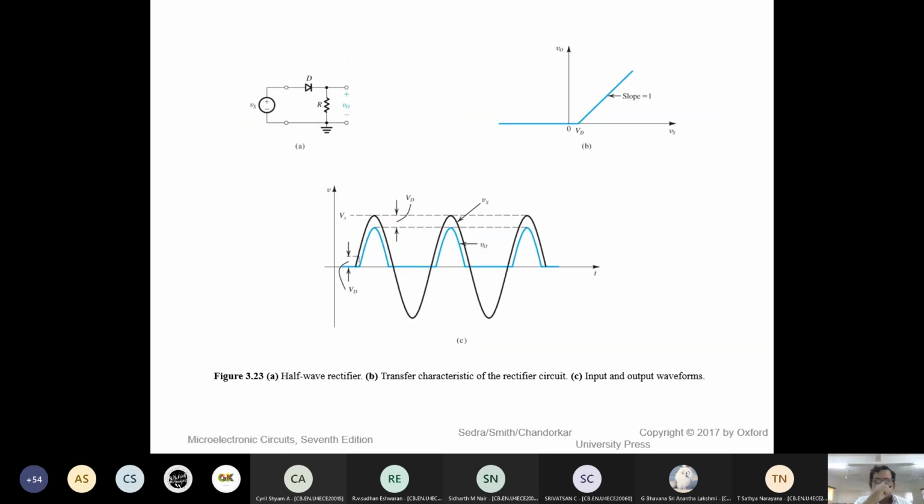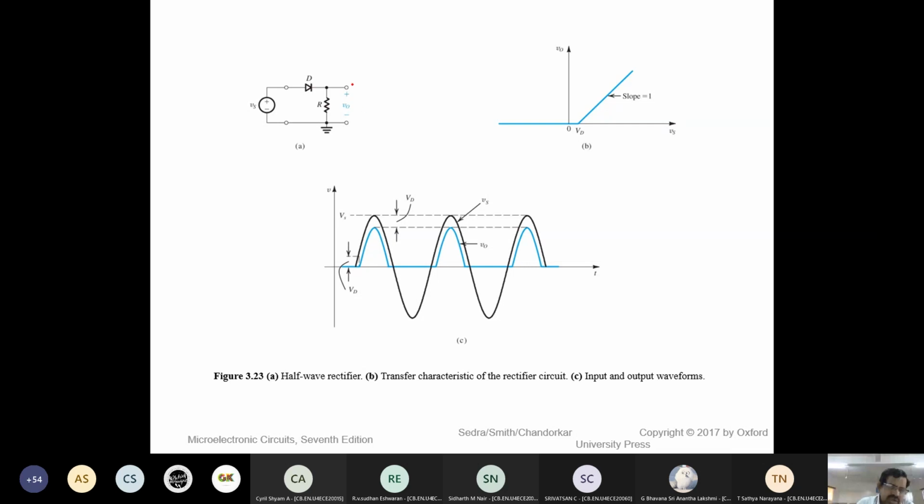The rectifier circuit typically looks familiar to us because we did clippers. But if you look at the clipper circuit and the rectifier circuit, the diode and the resistor have been interchanged. The resistor was over here, the diode was over here.